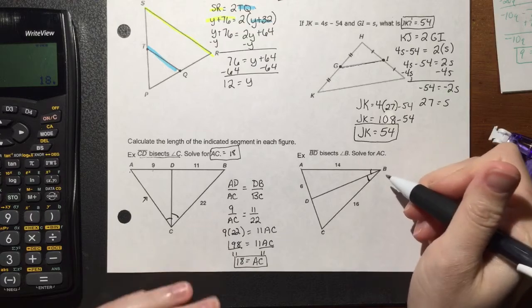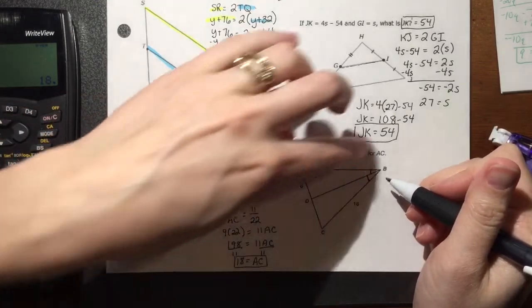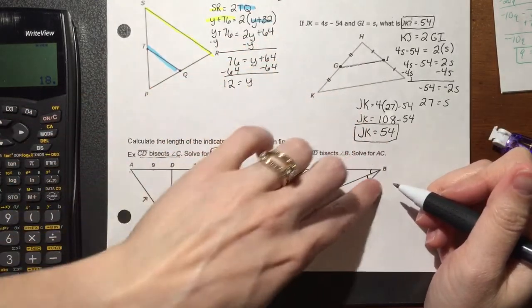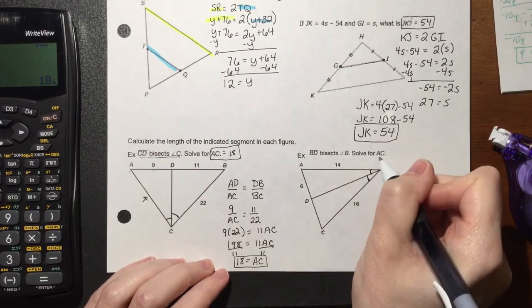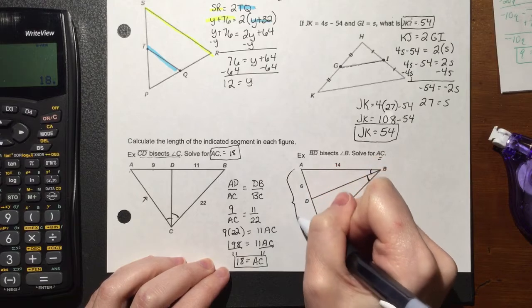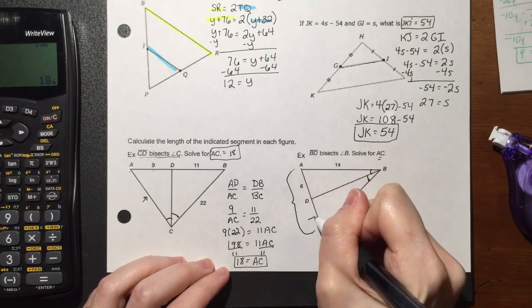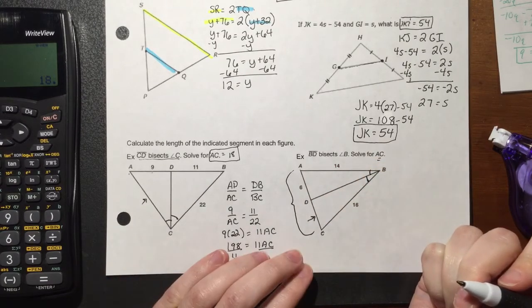So if we're doing these, just like we did left side over left side, we're going to do this top triangle over the bottom triangle. And we're going, oh, it wants us to solve for AC. But in order to know what AC is, we have to know what that little part is right there.